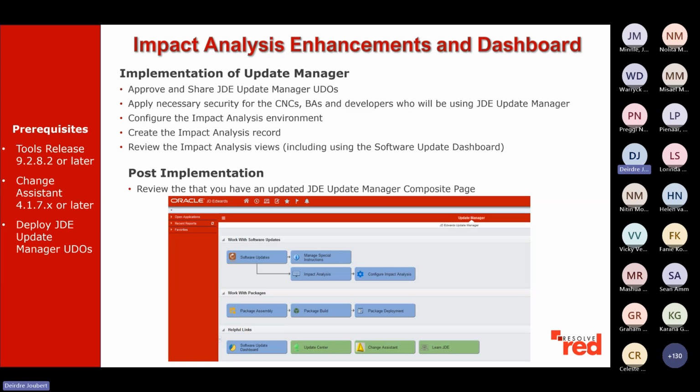And post that, once you import an ESU for analysis, the analysis process automatically kicks off and gives you the required data of what the ESU is bringing in versus what you have in your system. And below is just a view of what it should look like post the implementation. You get a composite page, and the first subsection there is what we're currently talking about.